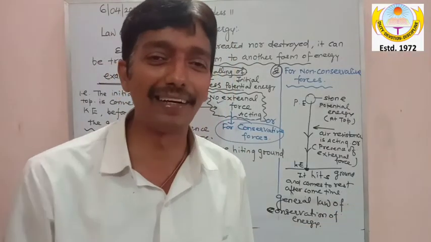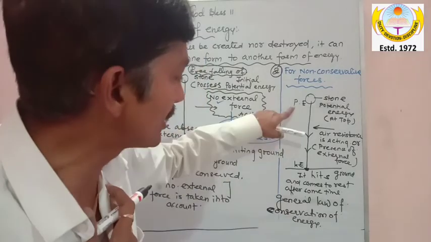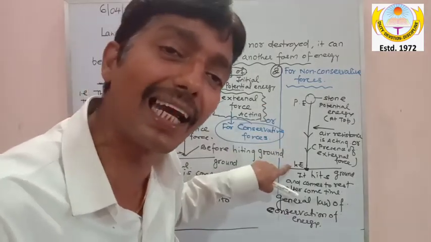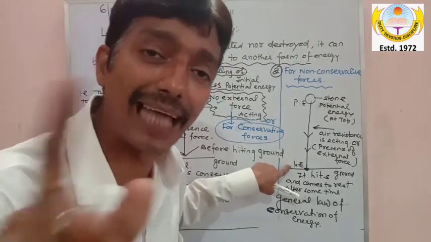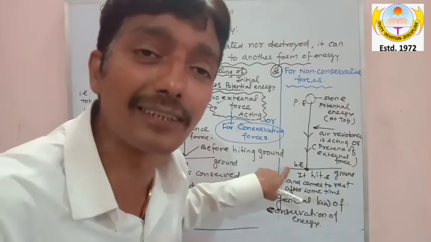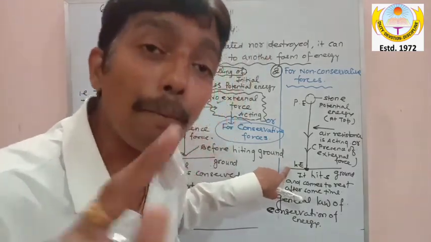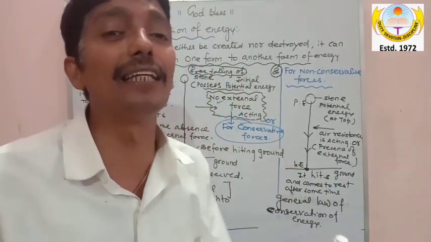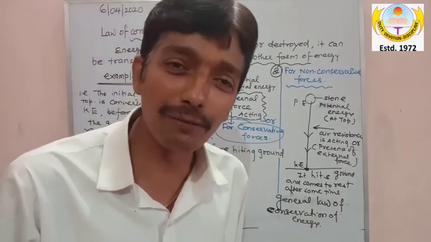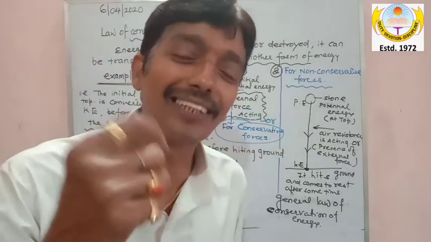I hope you are getting me. So I do agree that this potential energy may not be converted entirely into kinetic energy, but that potential energy over here is nothing but the sum of kinetic energy plus the energy lost in the surrounding. But my dear, you are not calculating the energy lost in the surrounding.